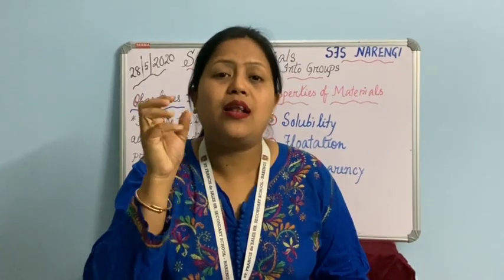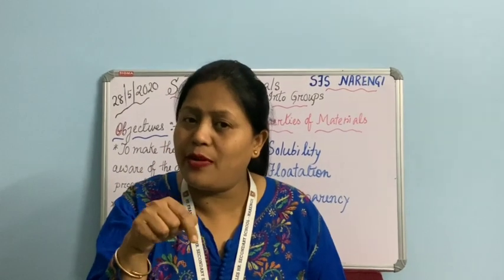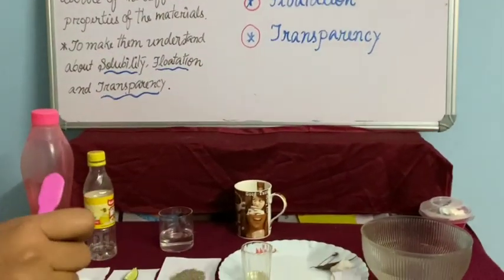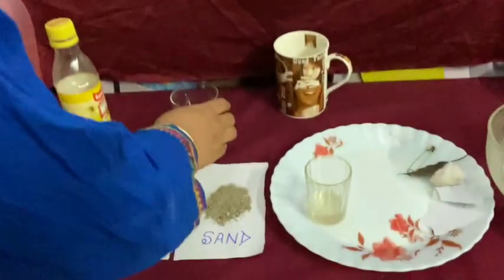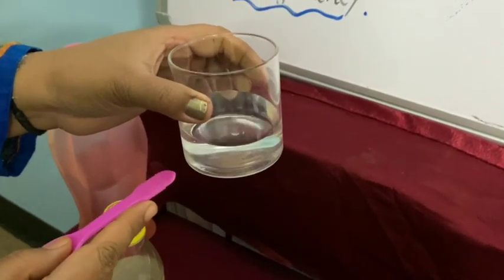Yes. So we can take the example of lemon juice. Lemon juice is very nicely soluble in water. And then we can take the example of vinegar also. Alright, so let us perform the activity to understand that. For this activity, I have taken this beaker with water.